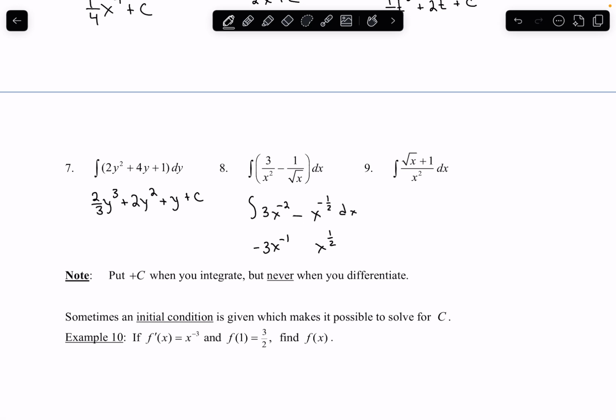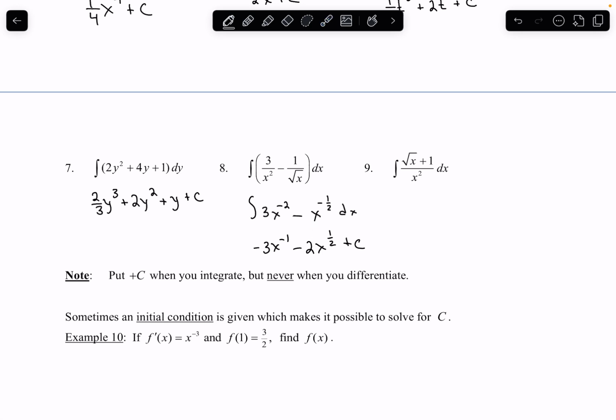So the negative in front, the negative 1 divided by a half just becomes negative 2. And then I need a plus c at the end. So that negative right there came from up above, and then dividing by a half is the same thing as multiplying by 2. That's why there's a 2 there.